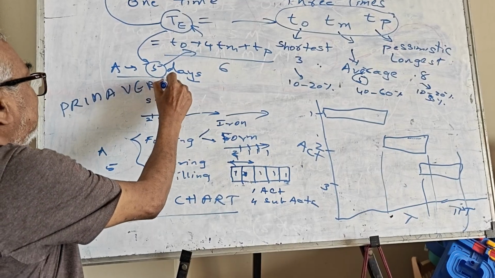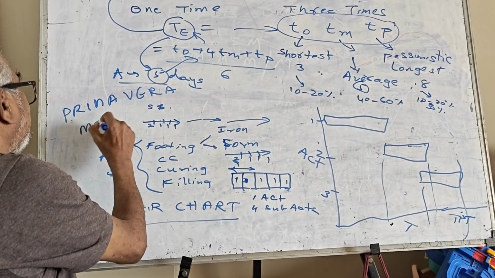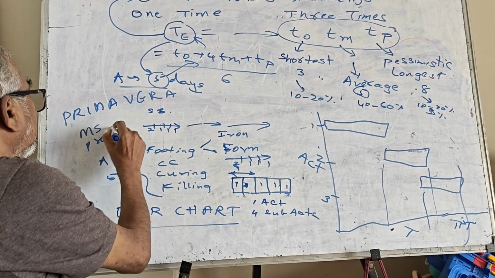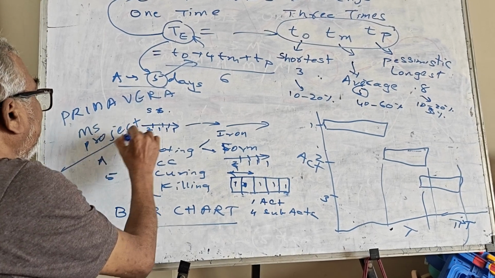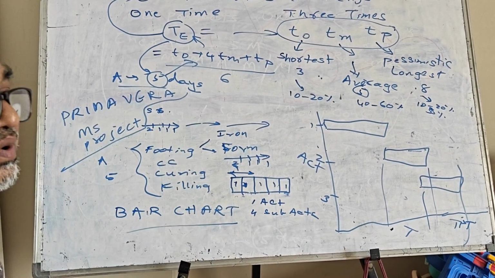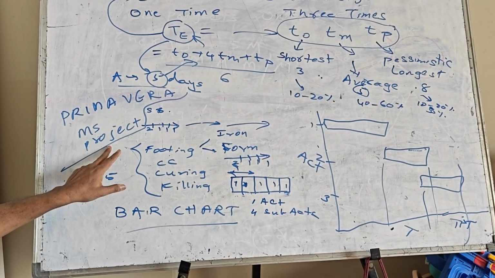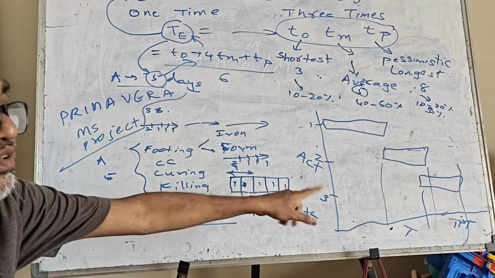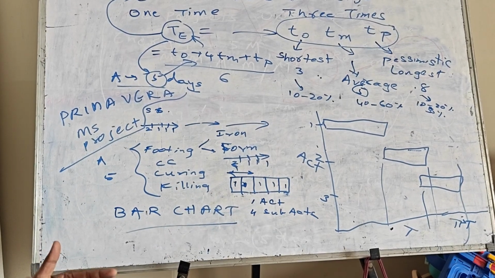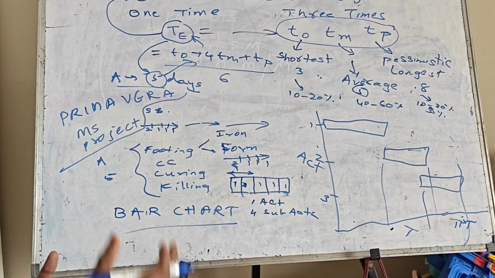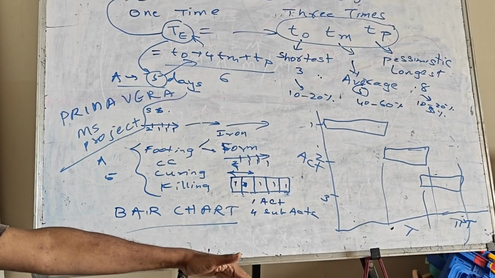It will give you bar charts, or it can be taken from MS Project. There are 2 softwares that are available even in Hyderabad. You can try to take the help of either Primavera or MS Project. Both will first give you the bar chart. In the bar chart, all the interdependencies and the time frames are very clearly mentioned.